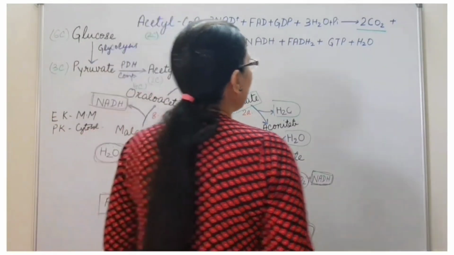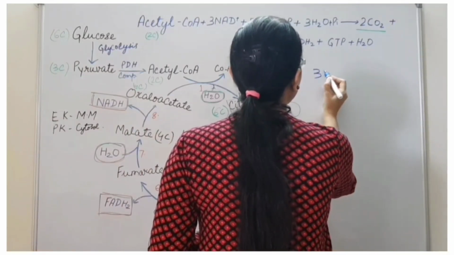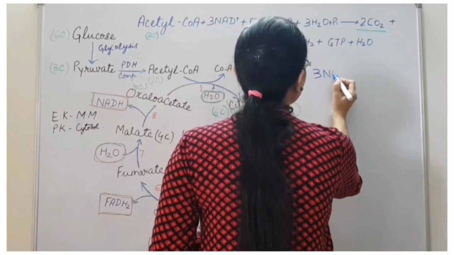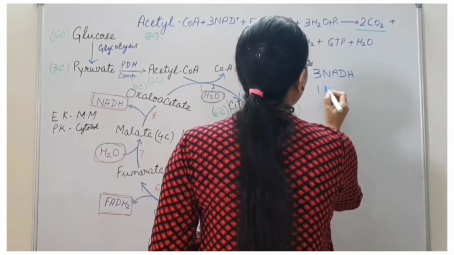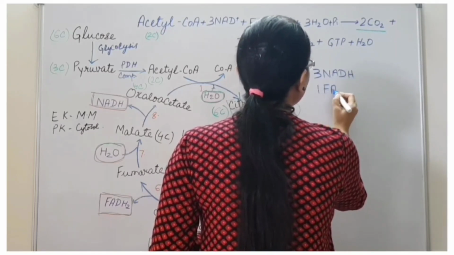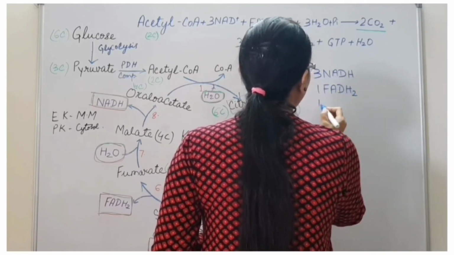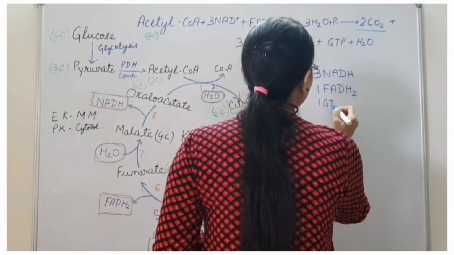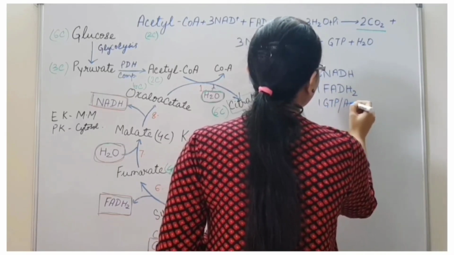So if we talk about energetics, then we are getting 3 NADH molecule, 1 FADH2 molecule and 1 GTP, which is later on converted into ATP.